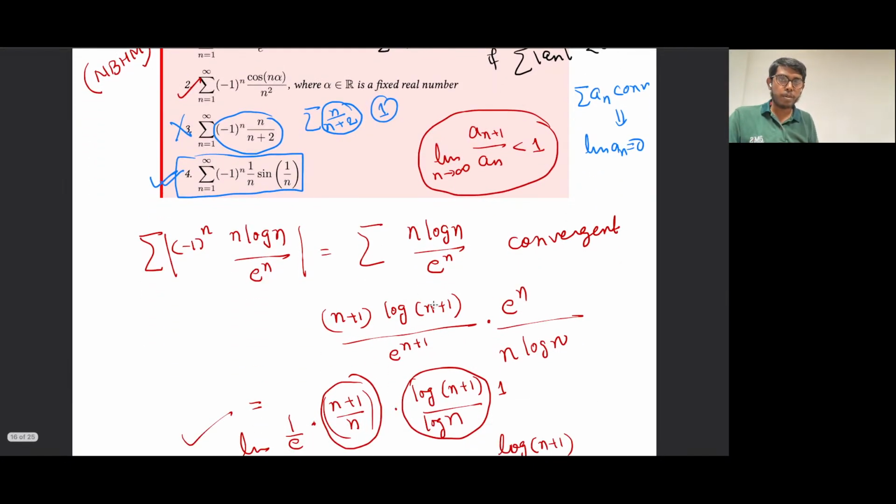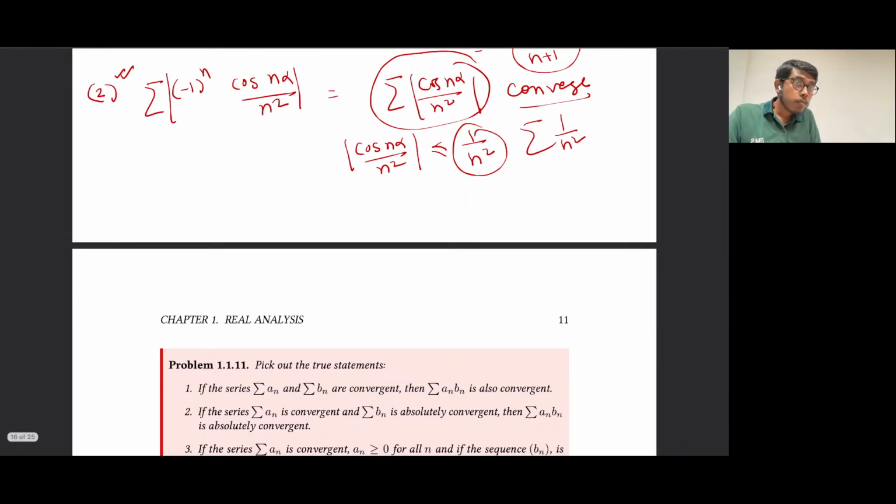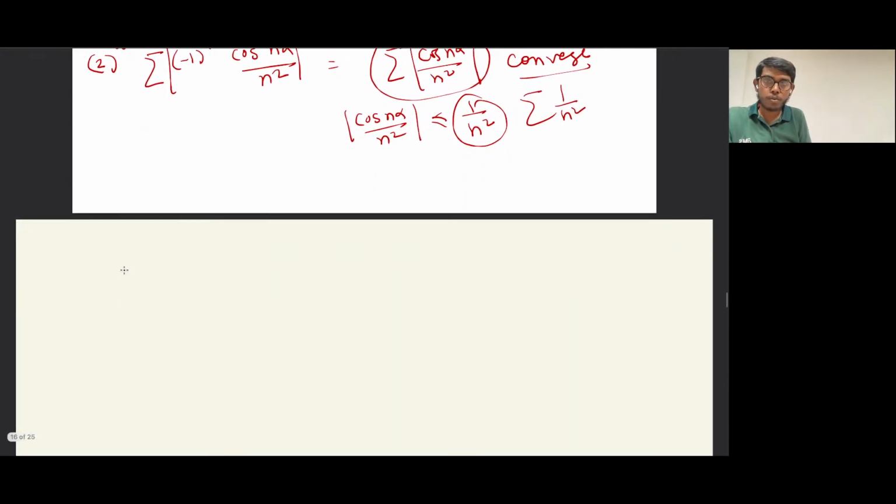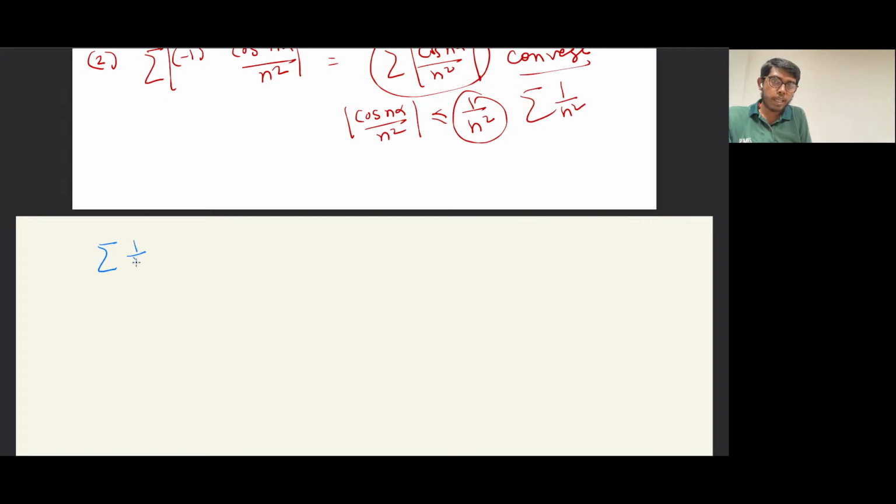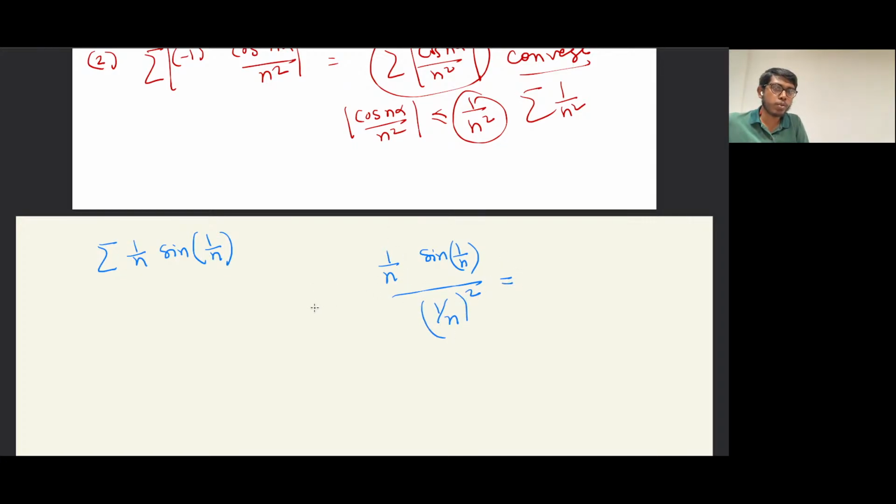This is also true, and it is 1 by n sine 1 by n. So let's see. I'll take 1 by n sine 1 by n divided by 1 by n square. This limit is sine 1 by n over 1 by n, so this is 1.